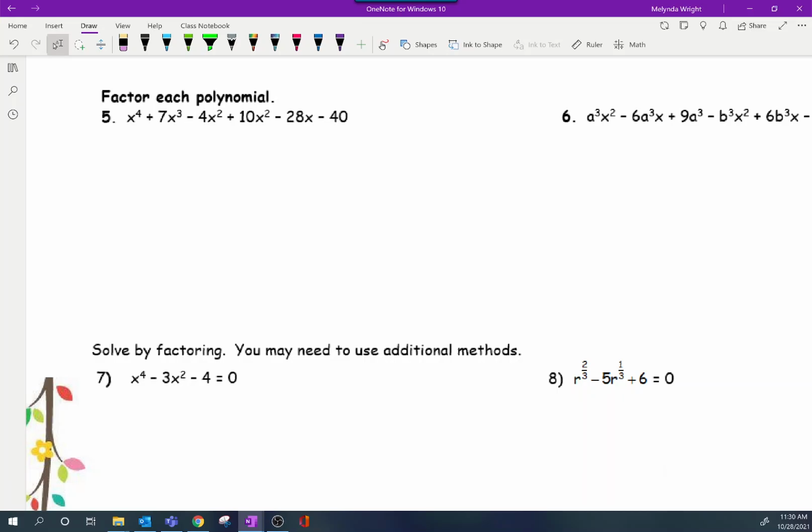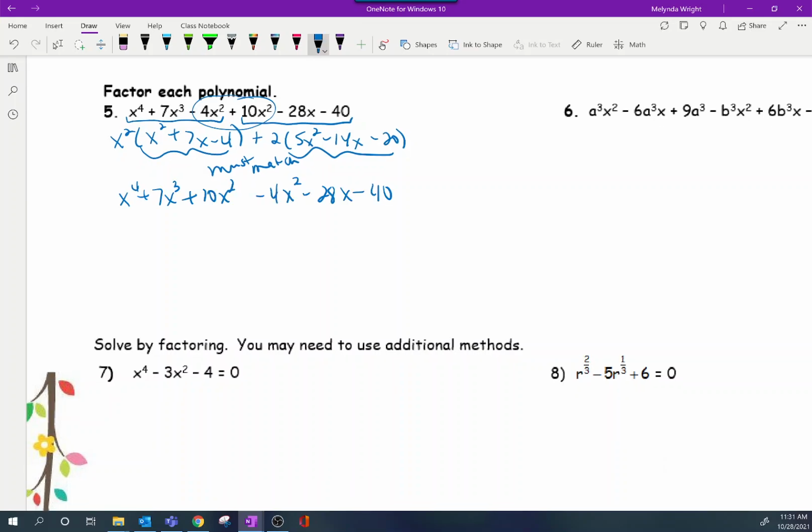I'm going to rewrite it. Let's rearrange it. Usually what they do is mix up these middle two. I don't know, let's try that and see if that's what they did. Let's rewrite it as x to the fourth plus 7x cubed plus 10x squared, and then minus 4x squared minus 28x minus 40. Let's try that.